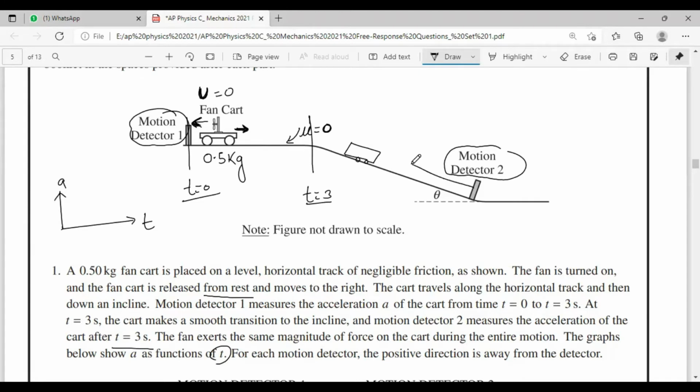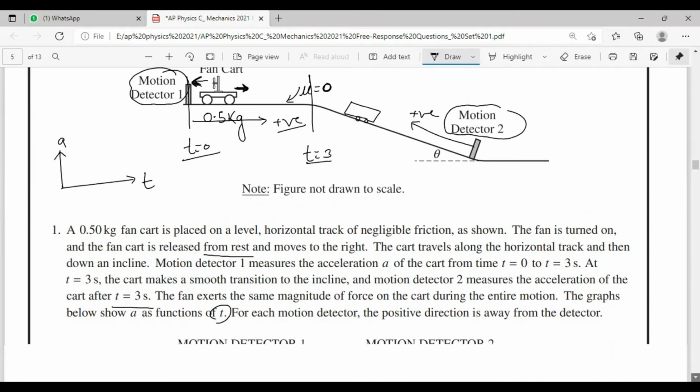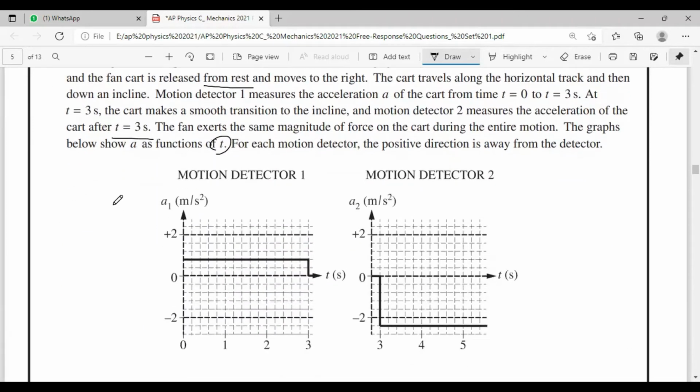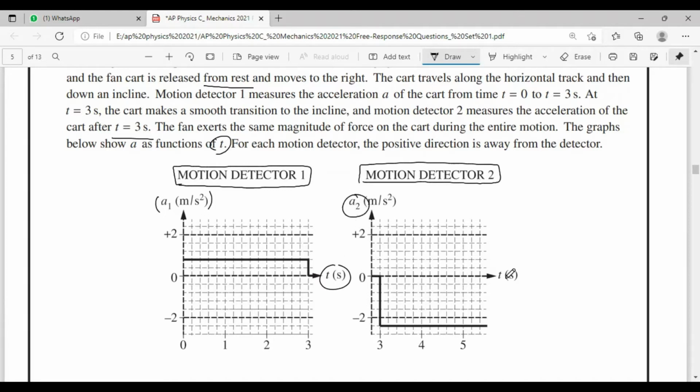So this will be its positive direction and this will be its positive direction. Let us see the graph. This is the response of motion detector 1 and this is the response of motion detector 2. This is the acceleration a1 versus time and this is the acceleration a2 versus time. This will be from 0 to 3 seconds and this will be 3 to 5 seconds.